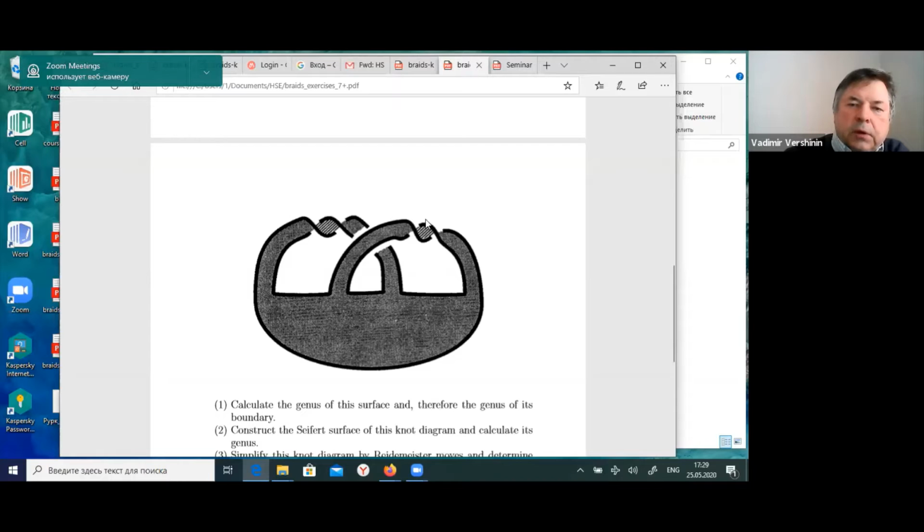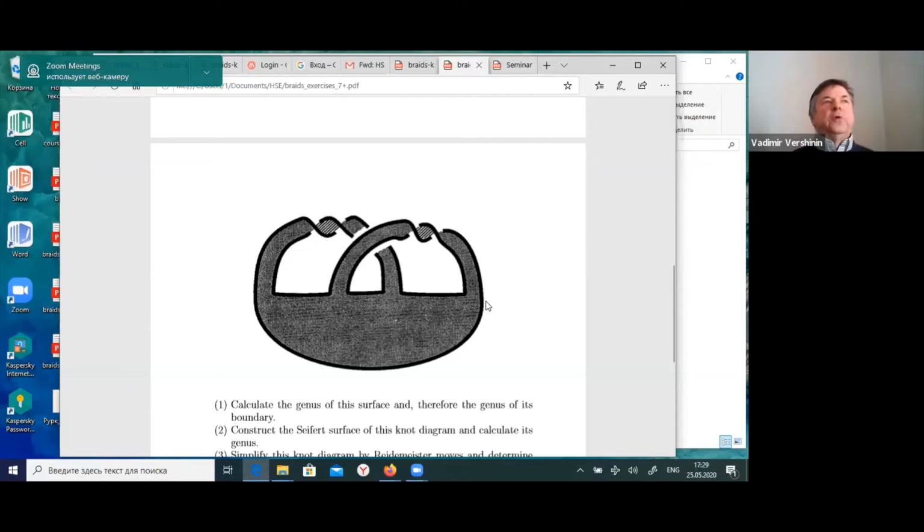Then this way, this way, this way, and we were around. So this is one boundary component, one disk or one point, and two edges.